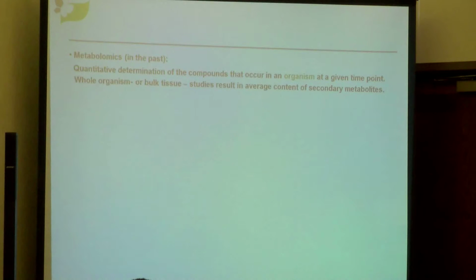But in general, metabolomics in the past meant that we were determining compounds quantitatively in an organism at a given time point. So that means we are studying whole organisms. This is a kind of bulk tissue, and of course such studies result in average content of secondary metabolites, or specialized metabolites, in an organism.